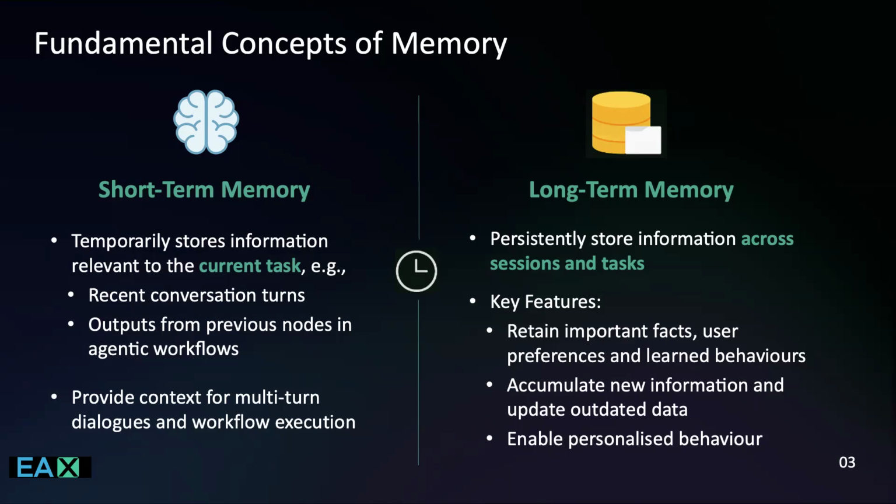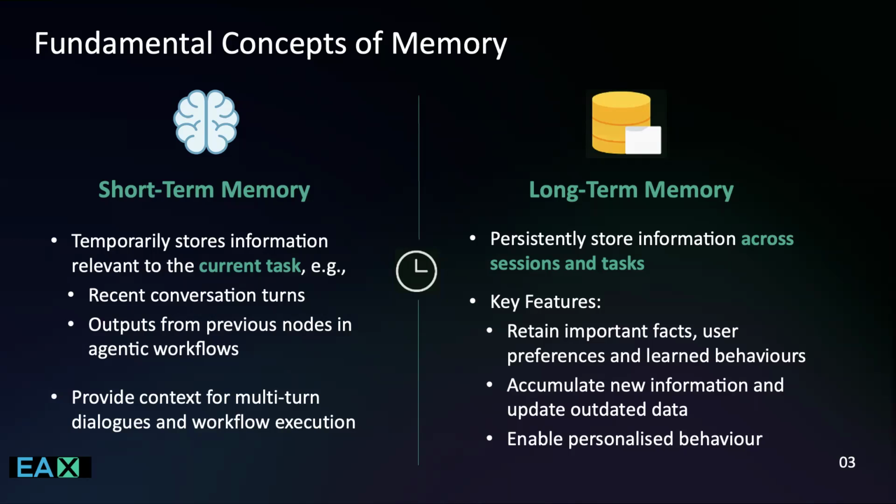The second type of memory is the long-term memory. The long-term memory will persistently store information across different sessions and tasks. It means that in different tasks, the long-term memory will store some important information from the task in a local storage. And when the system encounters a new task, it will also retrieve some information from this long-term memory that is useful or helpful to the current task.